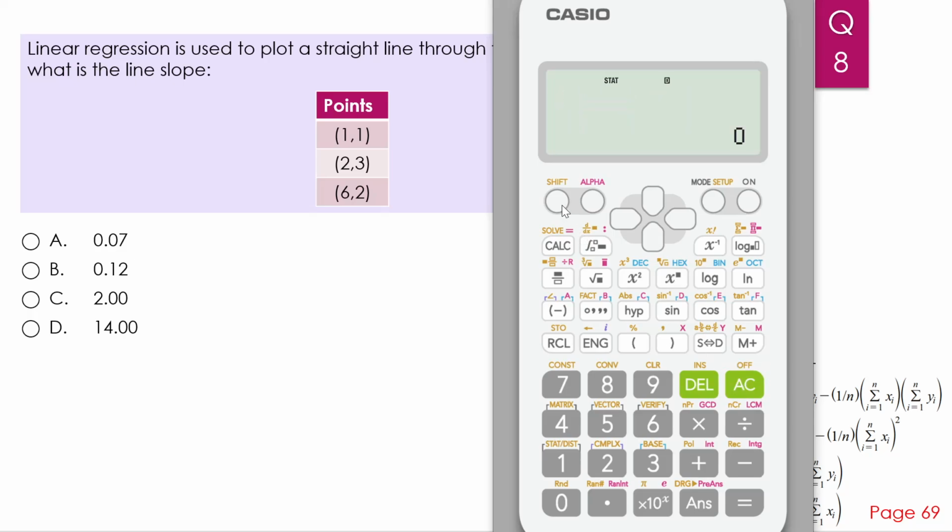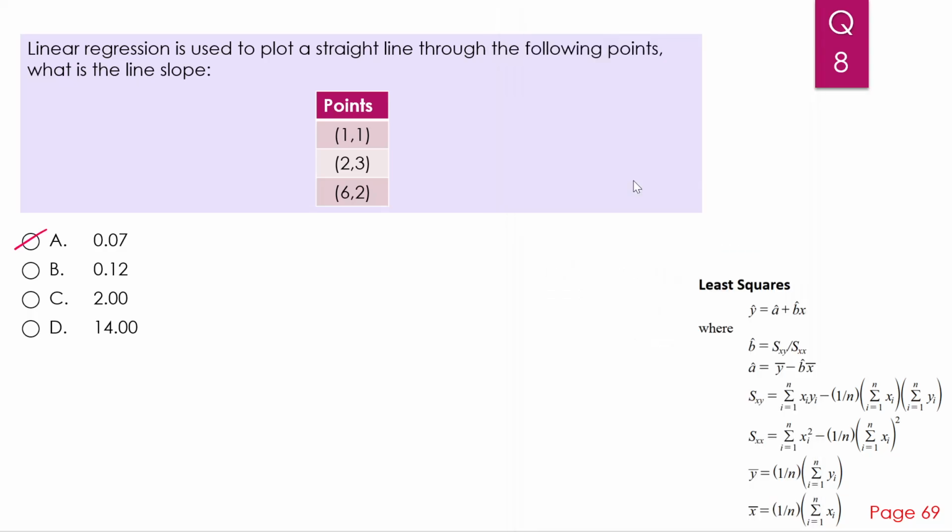You press AC, shift, stat. Then you go to number 5, regression. And for us, the A is the y-intercept. The B is your slope, so we need the slope. So you press number 2, equals 0.07, which is A.